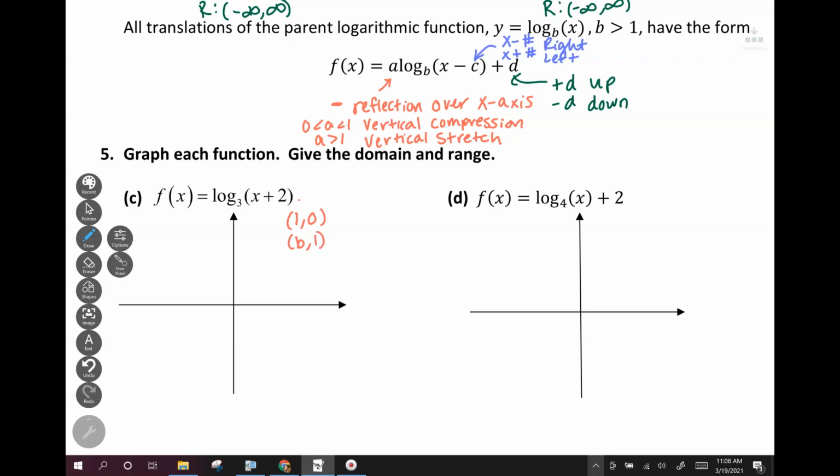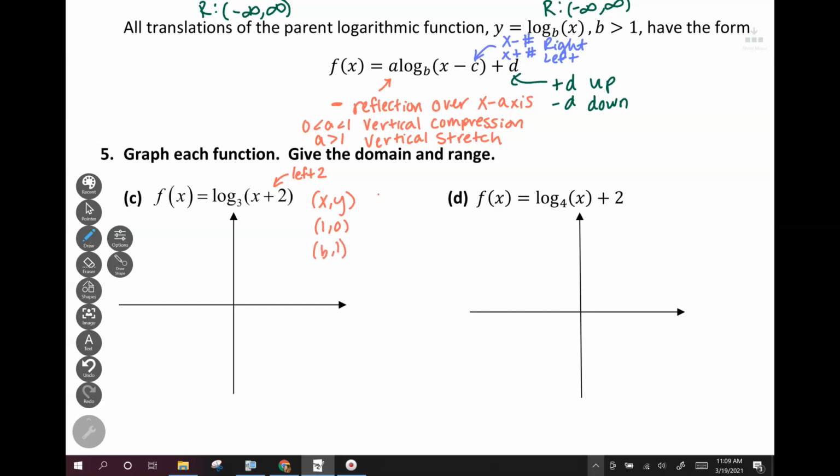Well, this one, let's talk about what transformation we have here. This plus 2 is going to make it go left 2, right? So each x value is going to have 2 subtracted from it. The y value is not going to change. So (x, y) is your original point, and we know we have (1, 0) and (b, 1).